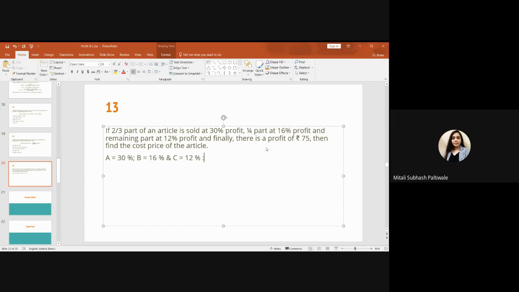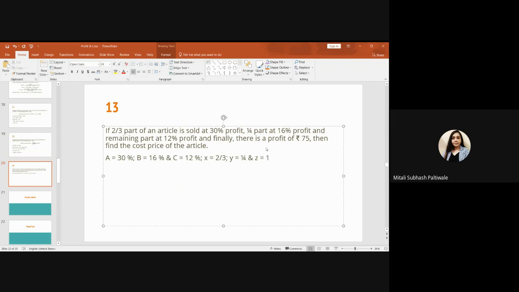And now X is equal to 2 by 3, 2/3 of part. Y is equal to 1 by 4. And Z is equal to how much?